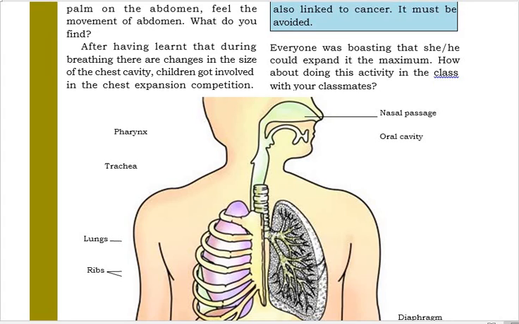During inhalation, the ribs move up and outwards and the diaphragm goes down. This movement increases the space in the chest cavity and the air rushes into the lungs. The lungs get filled with air. During exhalation, ribs move down and inwards while the diaphragm moves to its original position.